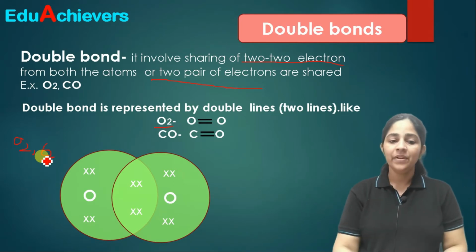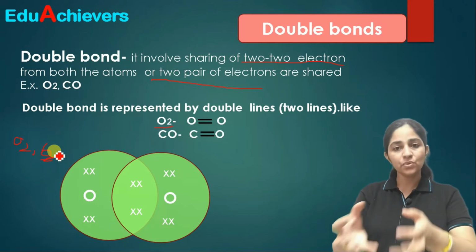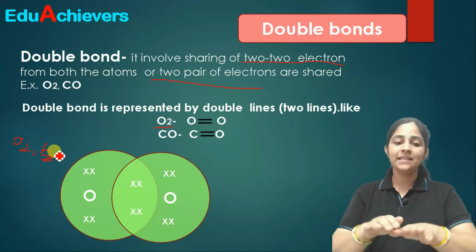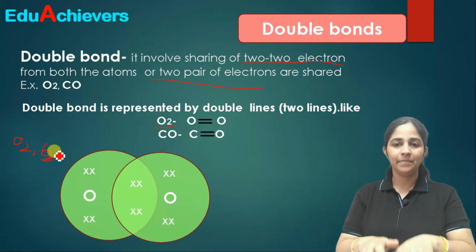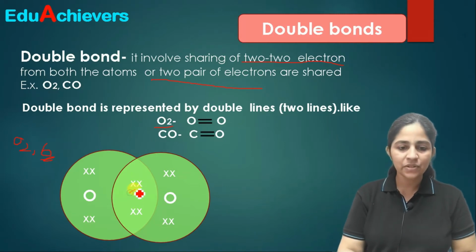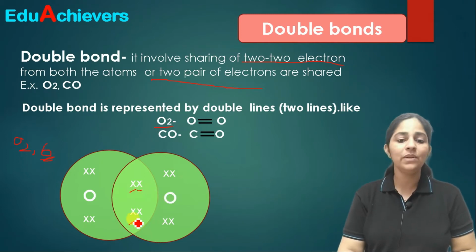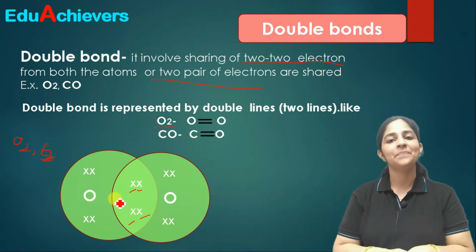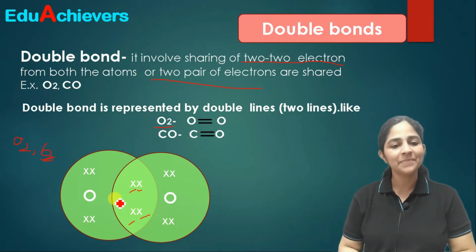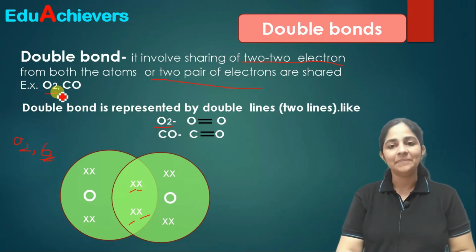It needs to share 2 more electrons to complete its octet and attain stability. So it shares its 2 electrons with this oxygen, and this oxygen shares its 2 electrons with this one, and that's how they attain their stability and the double bond is formed. This is the way different atoms attain stability.